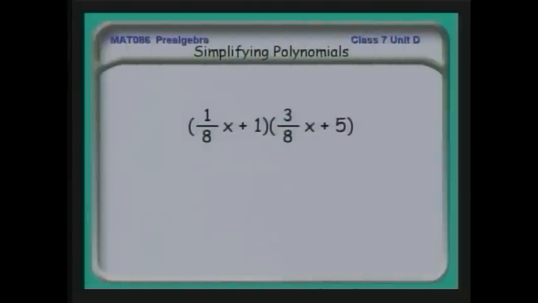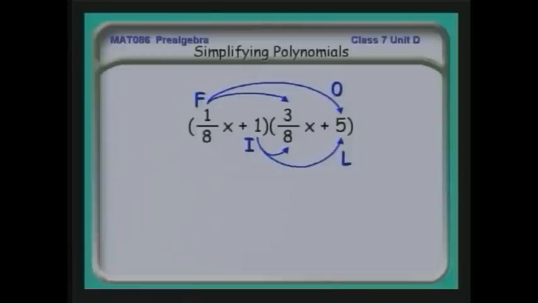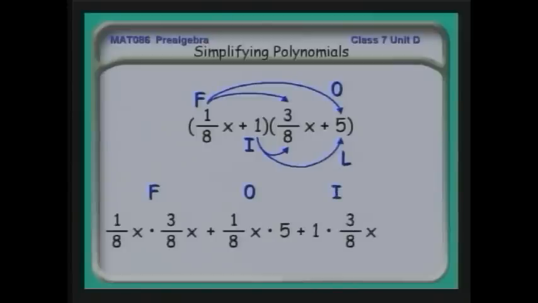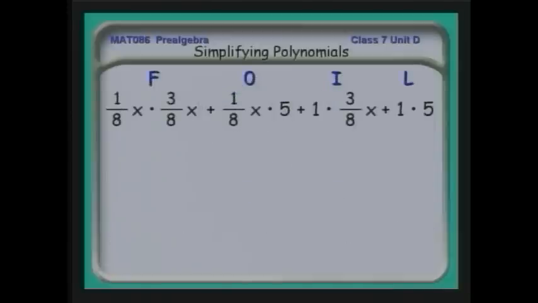Let's do the same thing now with a couple of binomials that contain fractions. There's the first term, the outer term, the inner, and the last. Let's write these down. First, outer, inner, and last. Now we need to clean this up. Let's start here.